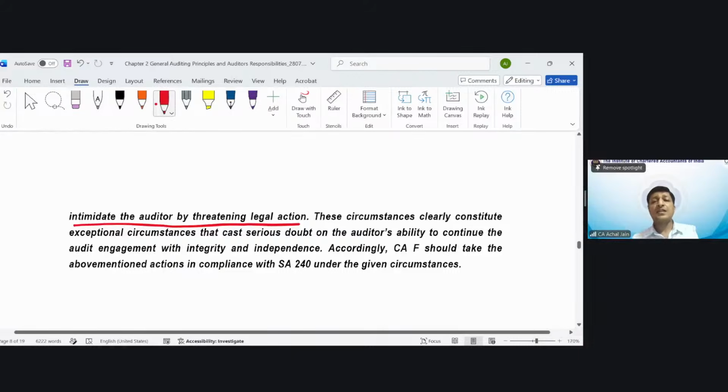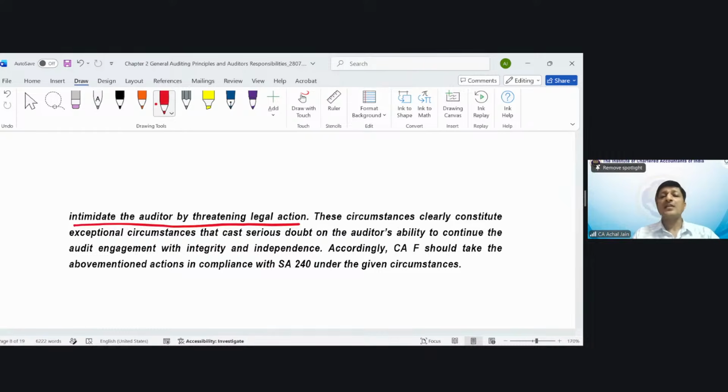So these circumstances clearly constitute exceptional circumstances that cast serious doubt on the auditor's ability to continue. Why? Because integrity and independence get questioned. Yeah. So accordingly, CAF should take the above mentioned actions in compliance with SA 240. Right? Clear on this? All right.